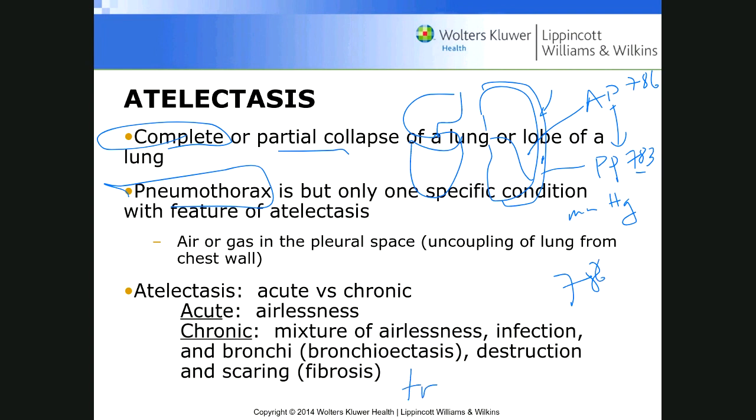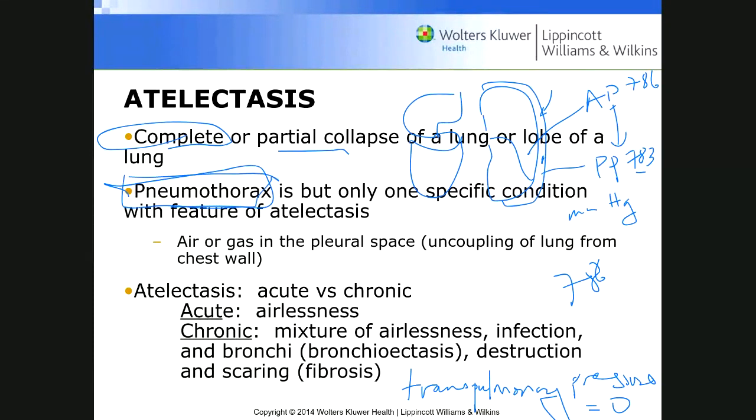Okay, so transpulmonary pressure equal to 0, then that's pneumothorax. Okay, that means collapsed lung, right?